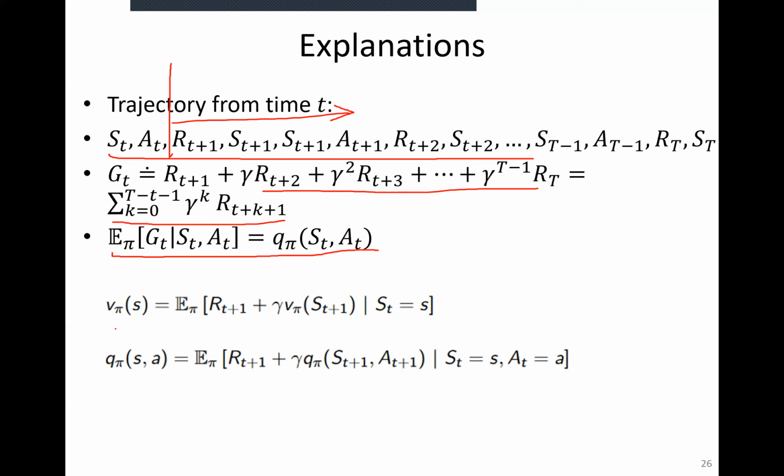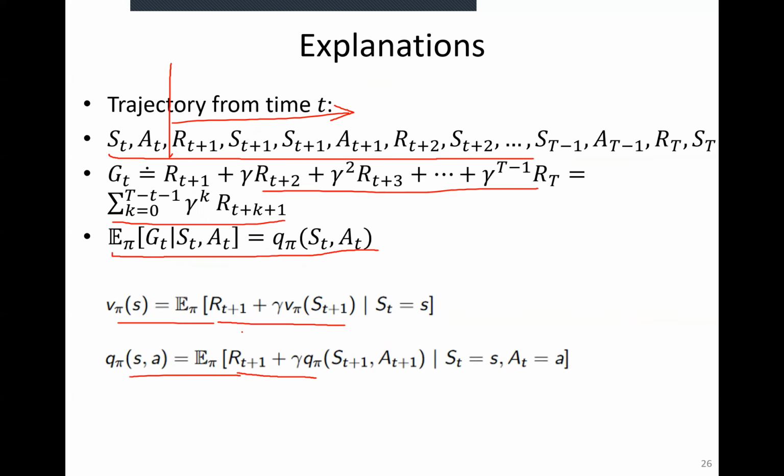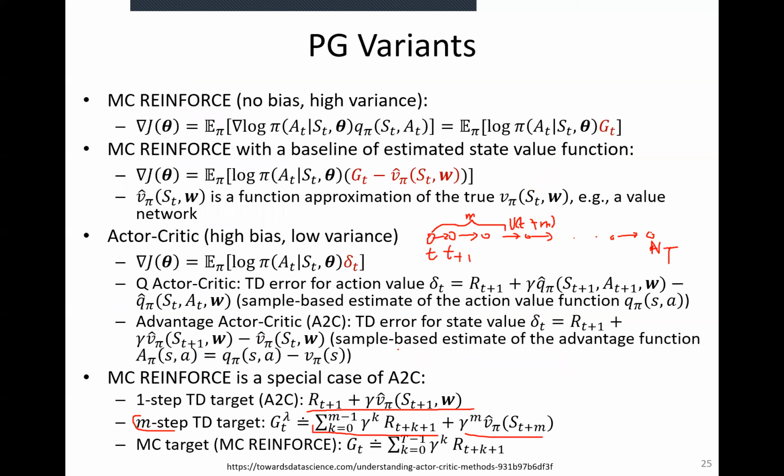And this slide just reminds you how to compute the target for the TD updates. This is the TD update for the pi, and this is the target for the TD update for the Q. This expression corresponds to the Q actor-critic, and this expression corresponds to the advantage actor-critic.